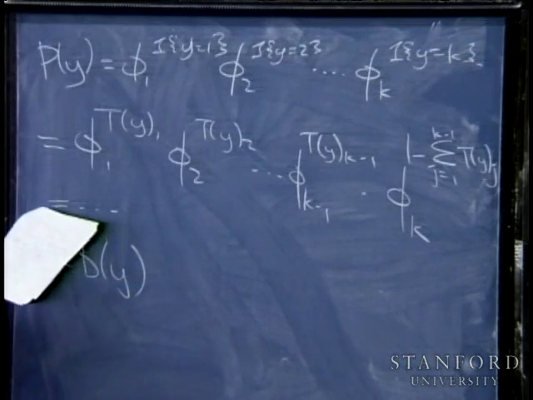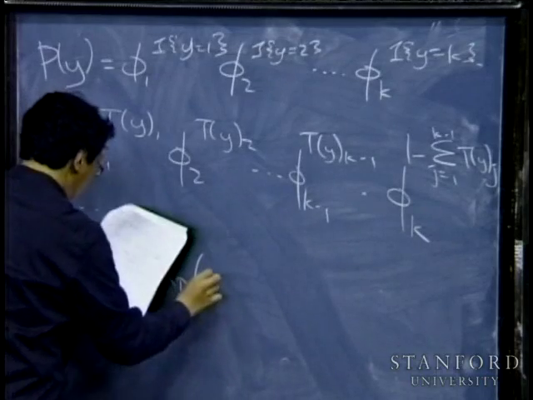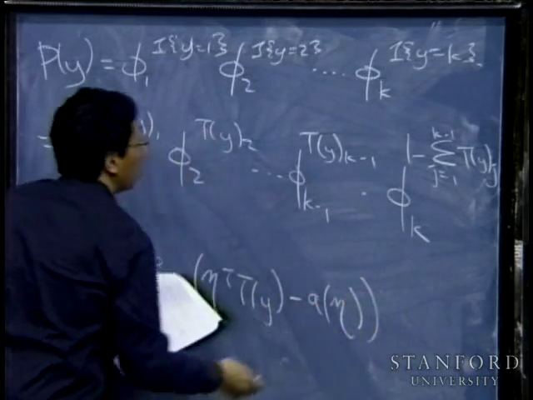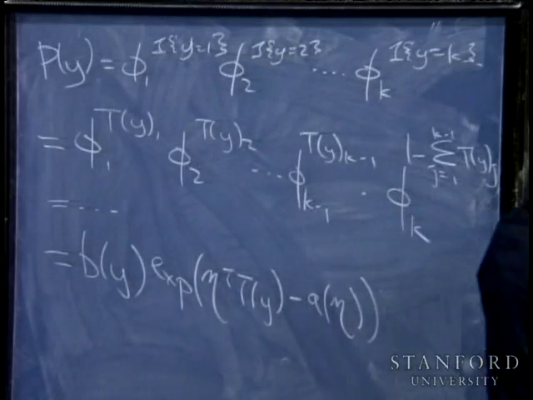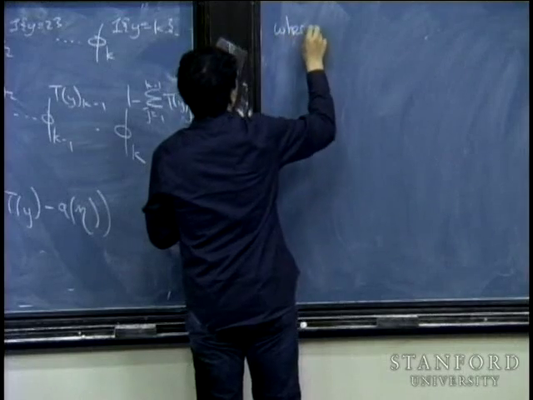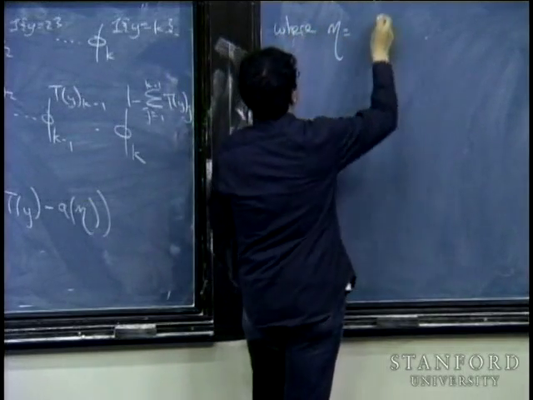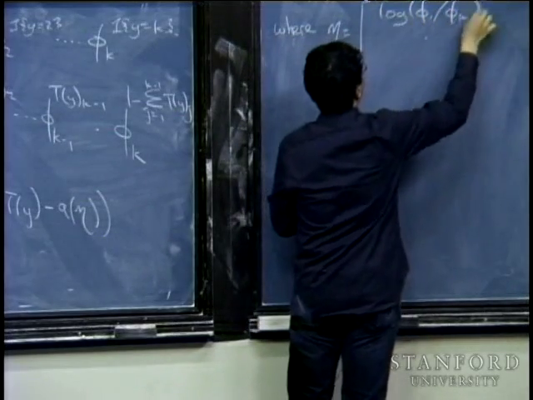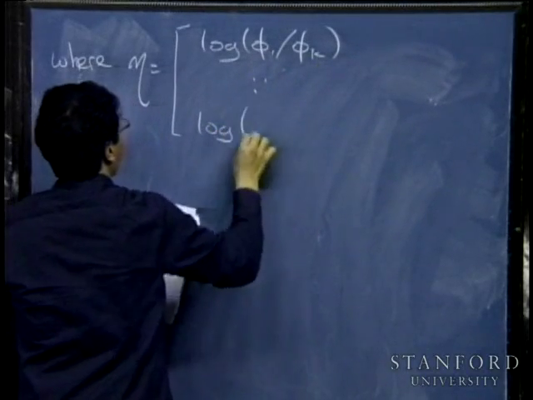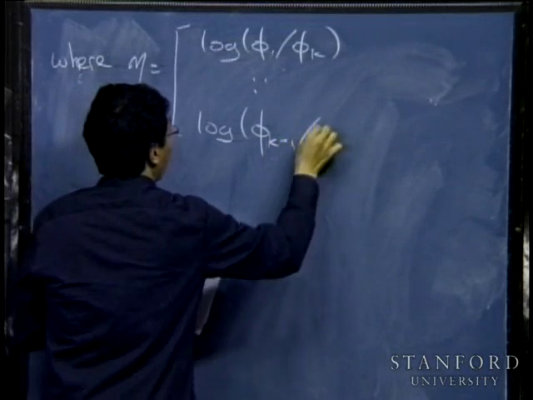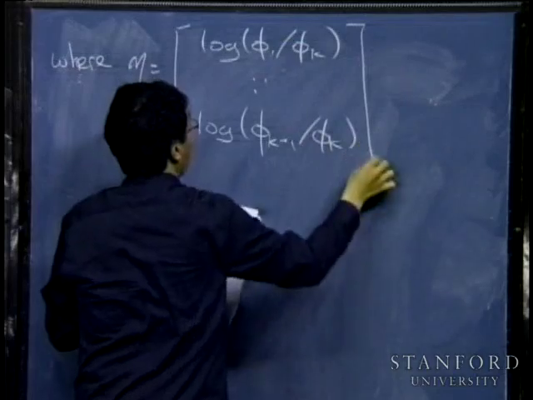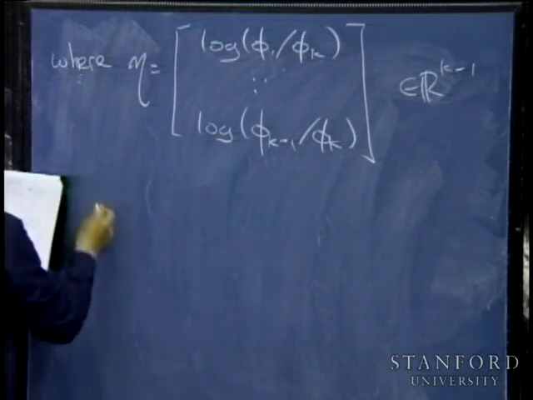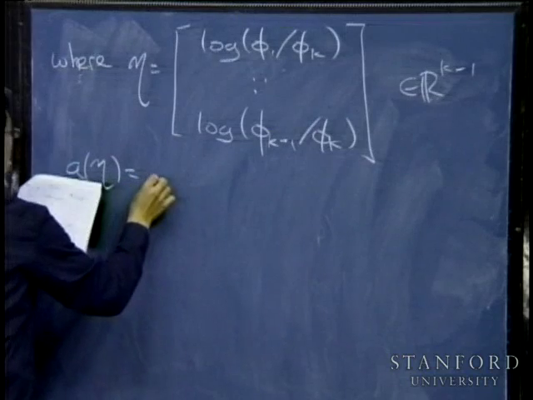You can simplify this into the exponential family form, where eta is a k minus 1 dimensional vector.